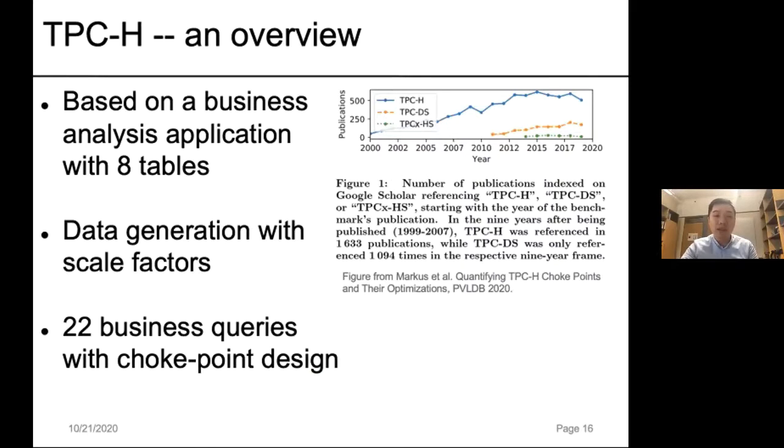It is based on a business analysis application with 8 tables, and it provides a data generator with scale factors for scalable data generation. For the workload, it contains 22 business queries with choke point designs. The choke point design is also known as benchmarking challenges, which database systems have to solve in order to achieve good benchmarking results.